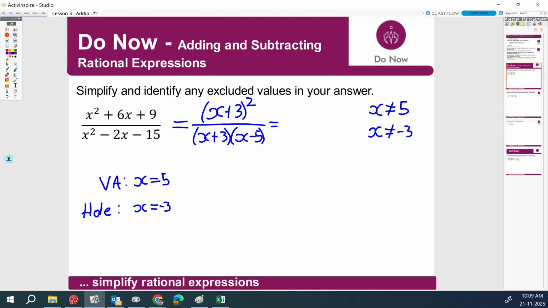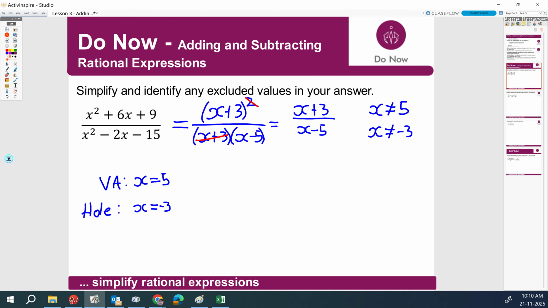We can simplify this expression further by cancelling our factors. We can cancel this factor x plus 3 with one of those factors in the numerator. So this expression is going to be equal to x plus 3 over x minus 5. Now this expression is only valid with these constraints.